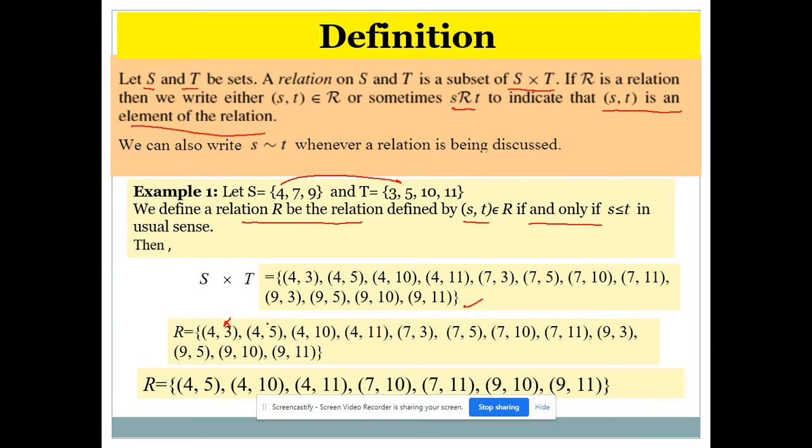And similarly, this will be there, this will be there, this will be there. Now this will not be there because 7 is not less than or equal to 3. And when you pair 7 with 5, of course this will not be there, this will be there, this will be there. The same logic applies for these elements, so only this will be there. When we put these in a set, this is in fact the relation. When we define the relation like this, the relation obtained with the help of these two sets is here.